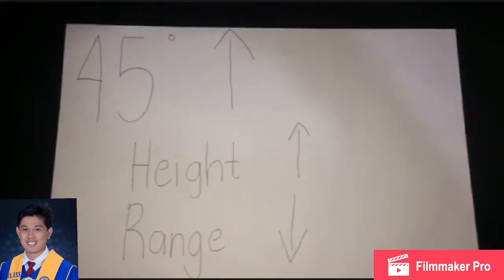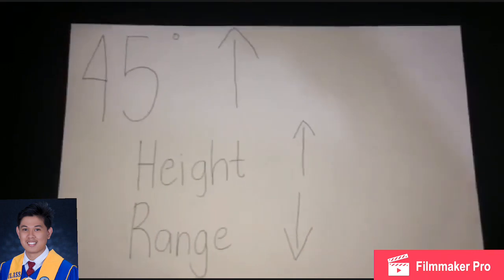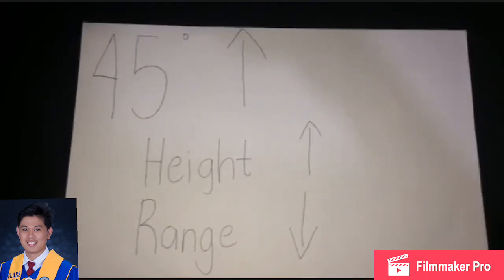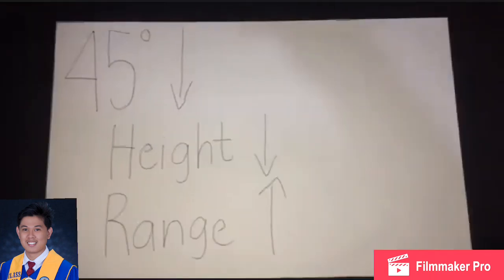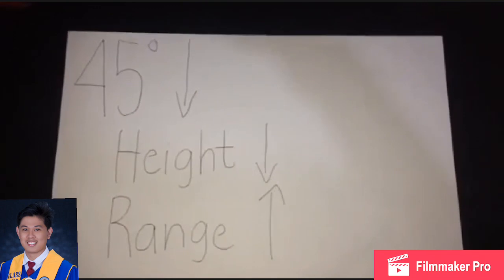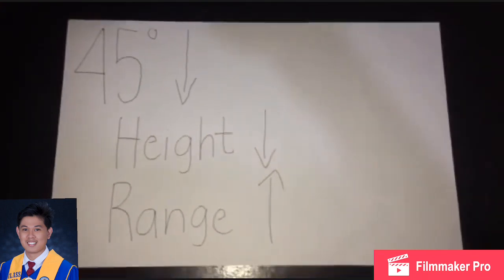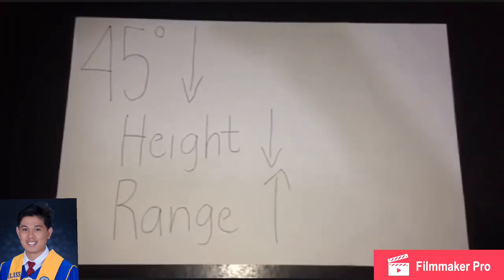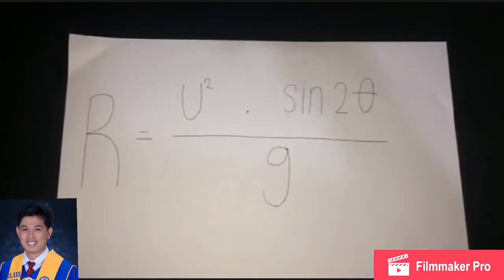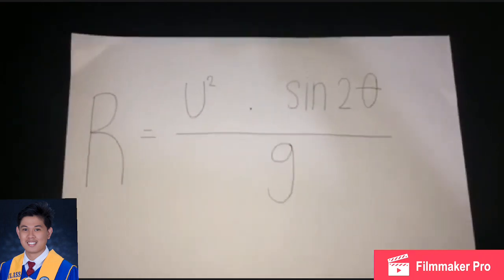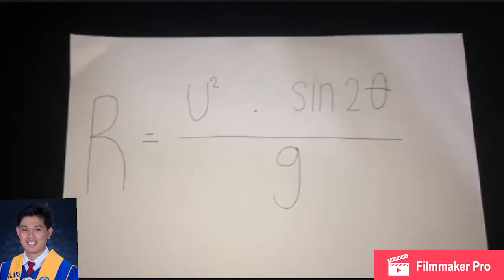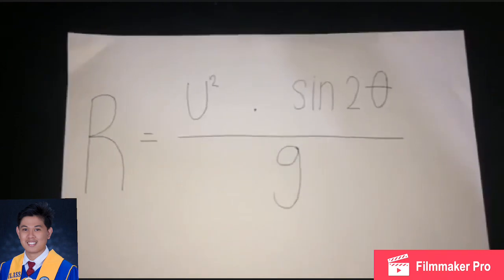He stated that if it's above 45 degrees, the height is increased and the range is decreased. Otherwise, if it's below 45 degrees, the height is decreased and the range is increased. In Jandel's report, he solved a problem and used this formula: R is equal to U squared times sine 2 theta over G.